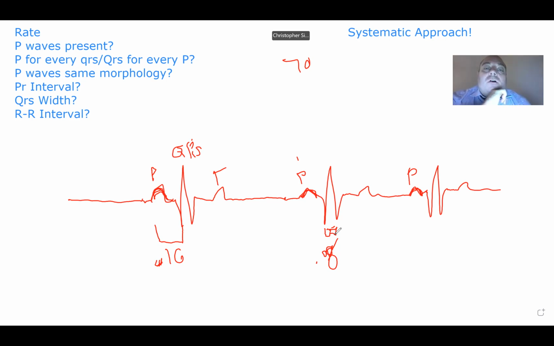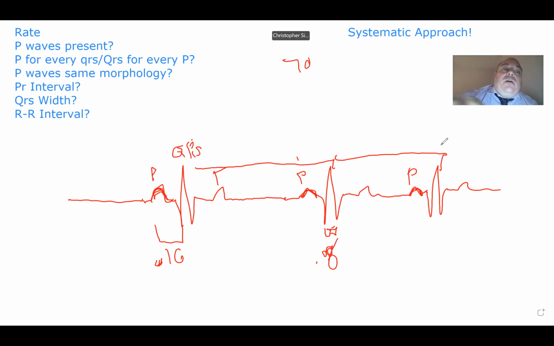So let's go to the R to R interval. Let's just pretend, for the sake of argument, that all of these R's are the same distance apart. Okay, so let's recap what we got. What was our rate? We said our rate was 70.